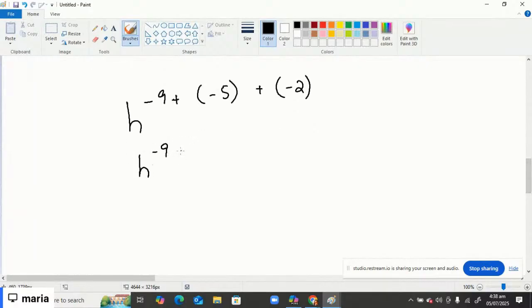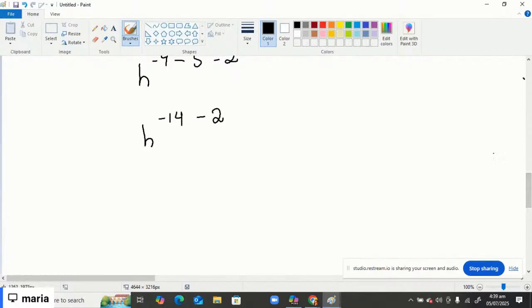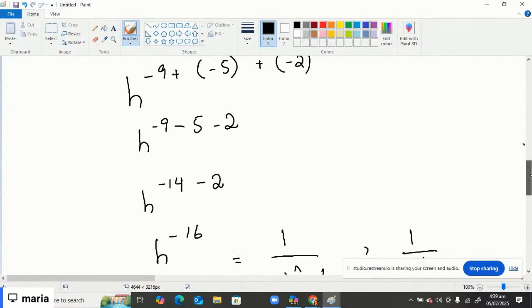So h, then minus 9 minus 5 minus 2. Now minus 9 minus 5, what is the answer? Minus 14. Putting the negative sign, because the greater number is negative. With the two signs, minus minus becomes plus, so we add, but keep the negative sign: minus 16. Now we bring it down: h power 16, like this. This is the way that we solve it.